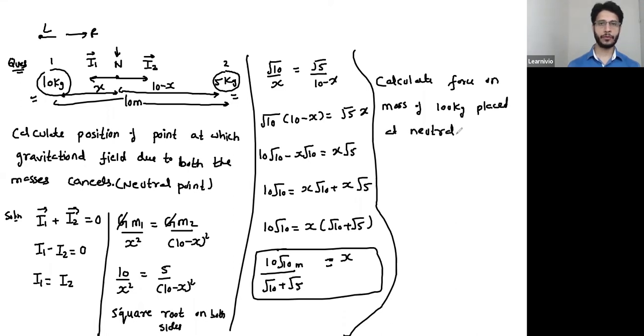Can you guess the force on a mass placed at the neutral point? You can think in this way. If I take this pen and if I release it, it's going downwards. Sania, why is it going downwards? If I take this pen and I release it, this pen is going downwards. Why is it going downwards?